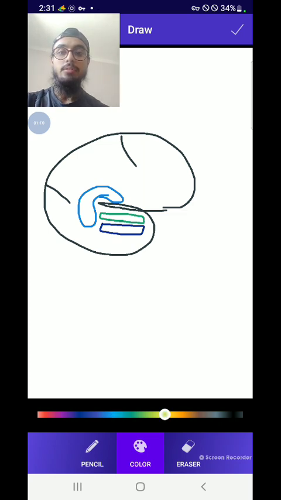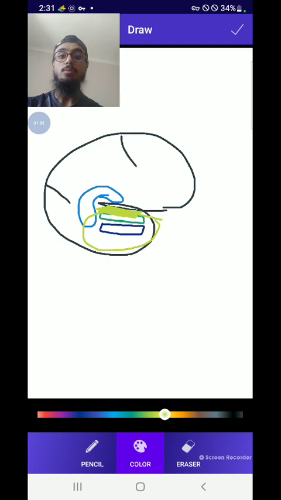highlight here, which is present if we remove the temporal lobe from here and go deep in the temporal lobe like I highlighted it. Deep in the temporal lobe there is the primary olfactory cortex.